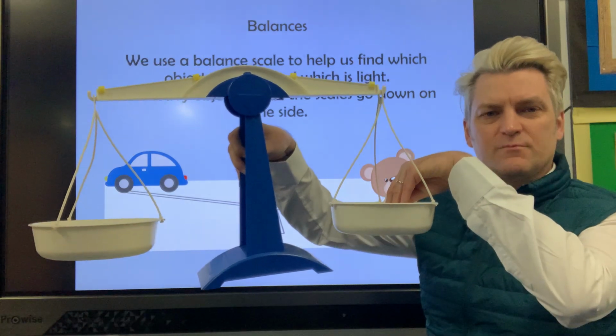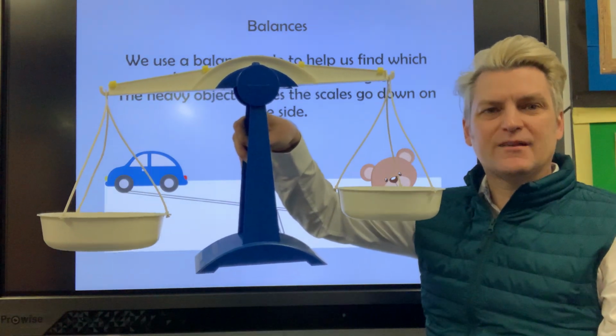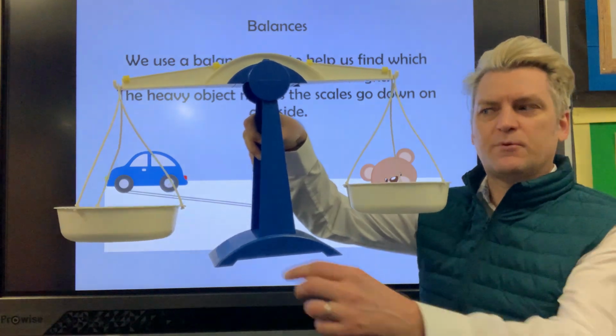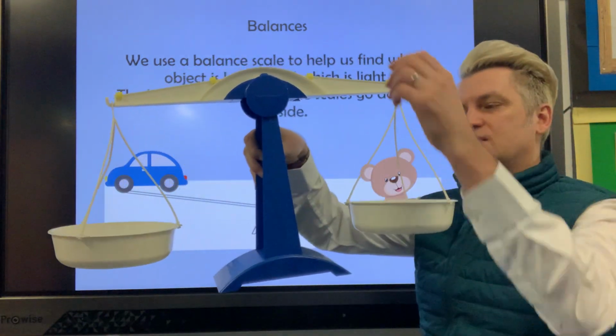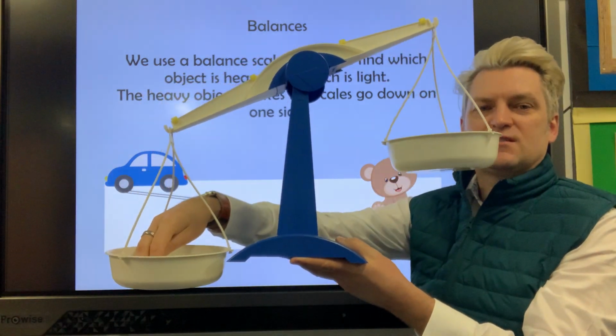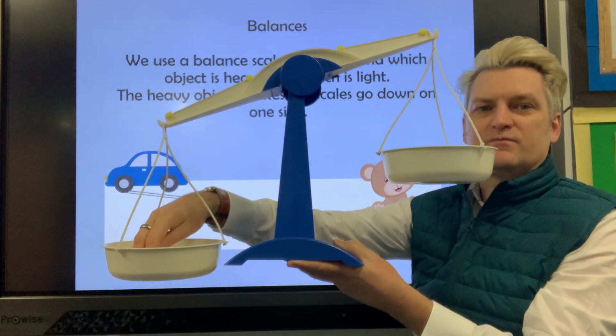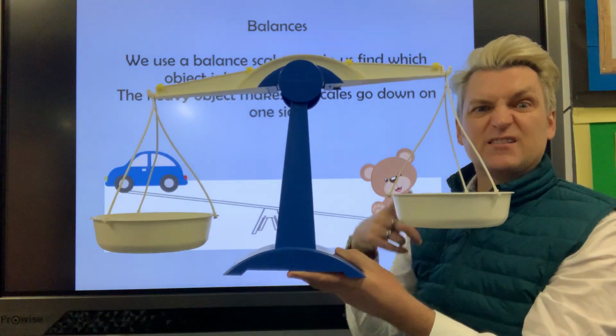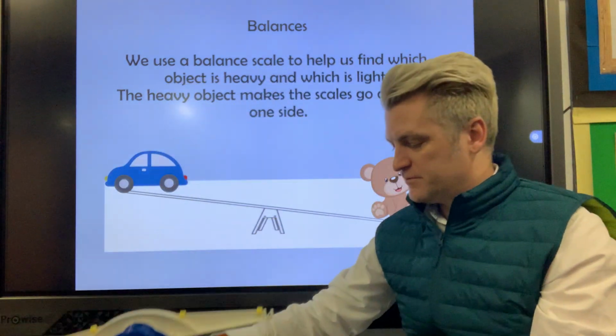So there we are, look, I can put it back there. We make it balanced. It means it's the same on both sides. But as soon as I put something in one of the sides, here we go, it goes down. So the heavy things go on one side and the light things, they go up.